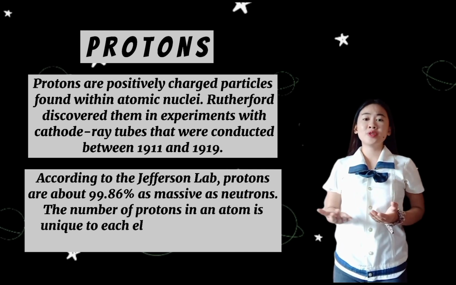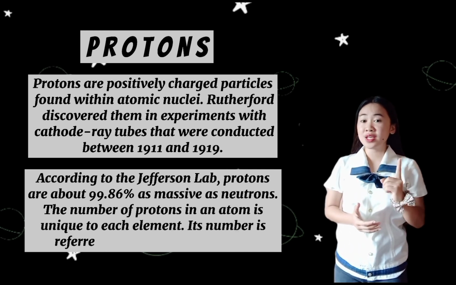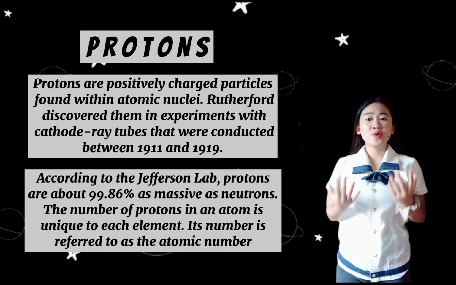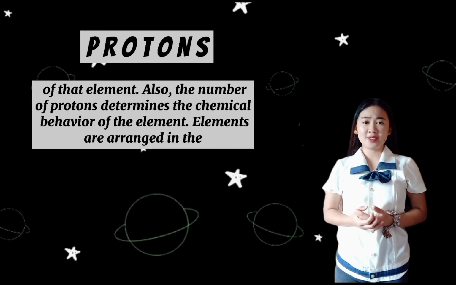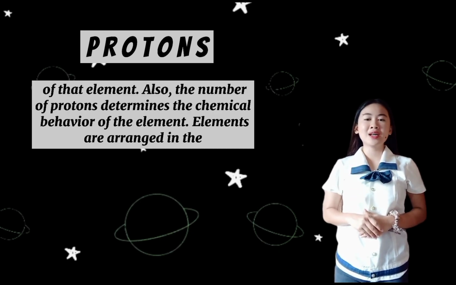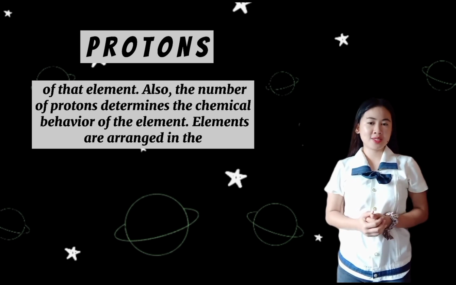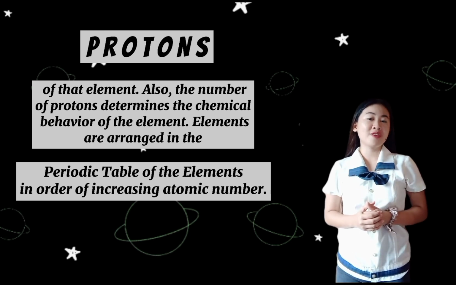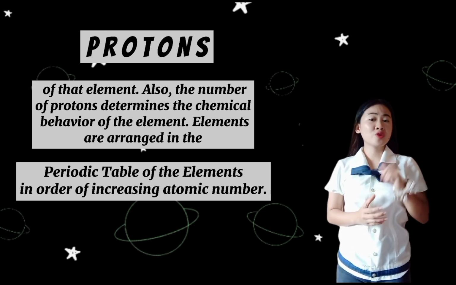The number of protons in an atom is unique to each element. This number is referred to as the atomic number of the element. Also, the number of protons determines the chemical behavior of the element. Elements are arranged in the periodic table of the elements in order of increasing atomic number.